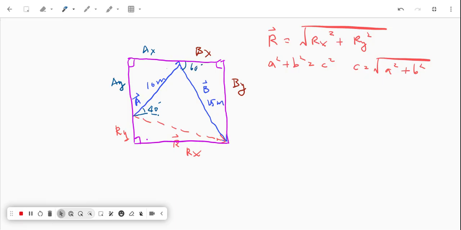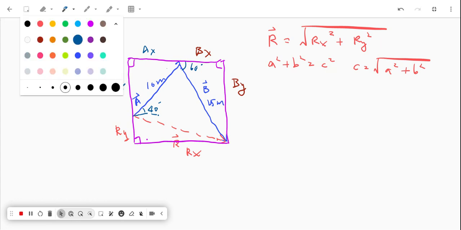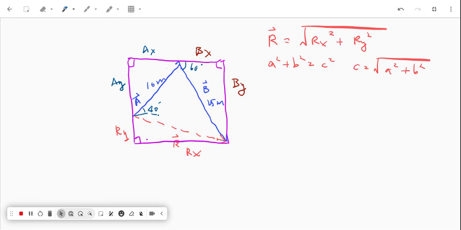Okay, so let's look at triangle A. Triangle A is the one with the A as the resultant, on the left corner up. So right here, since this vector is at 40 degrees, that means the opposite, the alternate interior angle, is also 40 degrees. Okay, so that 40 degrees will be our theta.